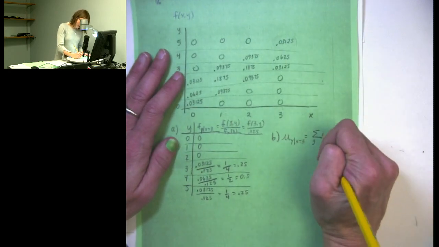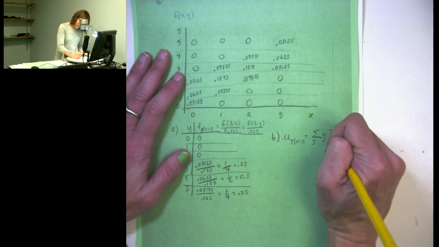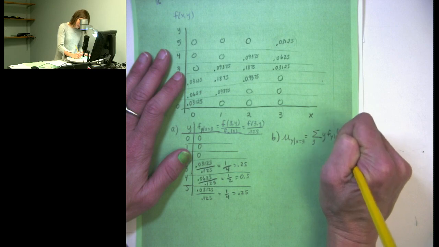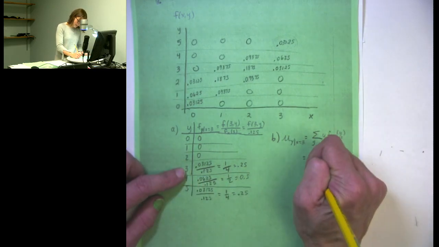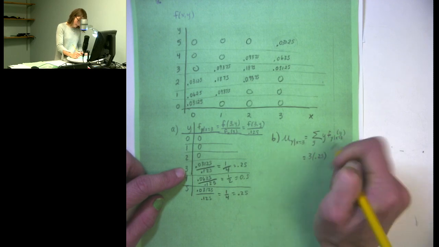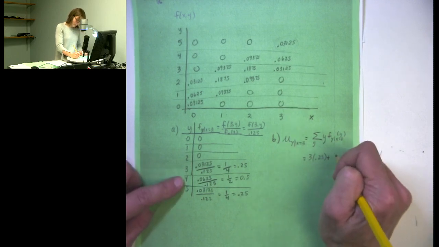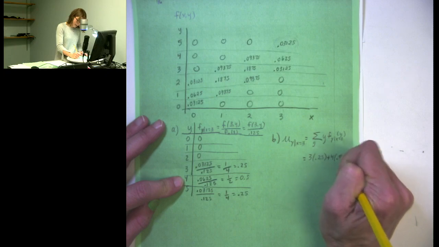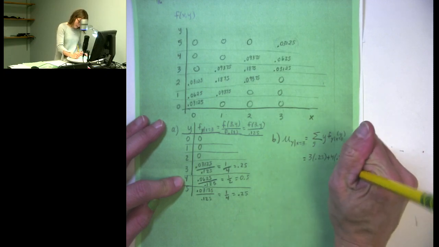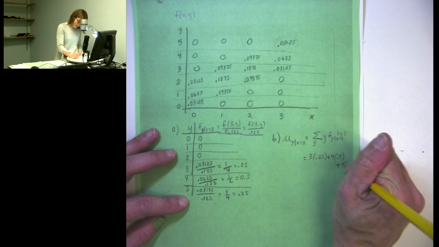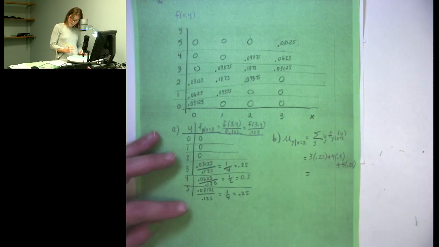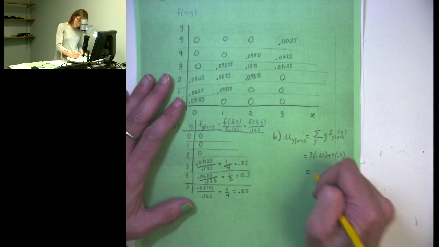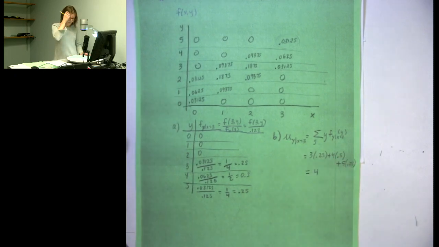I'm going to add up y times my conditional distribution's probability. So essentially I'm taking 3 times 0.25 plus 4 times 0.5 plus 5 times 0.25, and that gives me my conditional mean equal to 4.